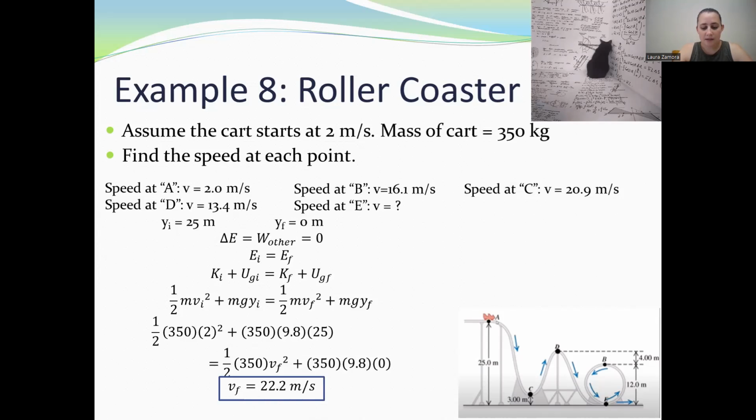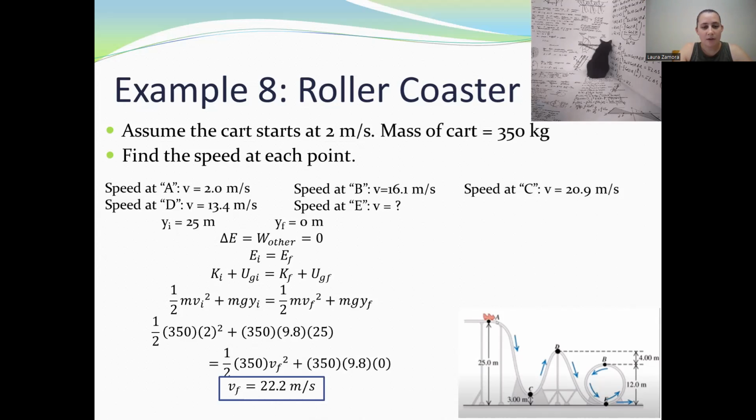And then plus 350 times 9.8 times 25. I'm putting that in parentheses. So the left side of my equation is 86,450. That's the left side of the equation.